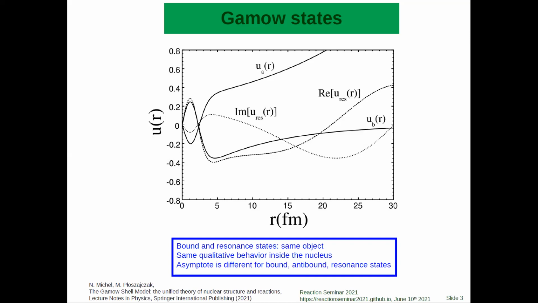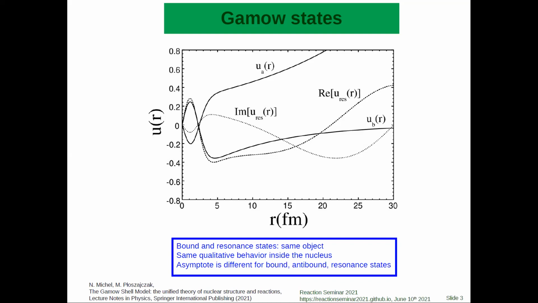It is the asymptote which tells what kind of state one has, because a bound state will go to zero at infinity. An anti-bound state will increase exponentially with a pure exponential increase, and the resonance states will increase exponentially in modulus, but more or less rapidly according to the width or the finite lifetime of the state.